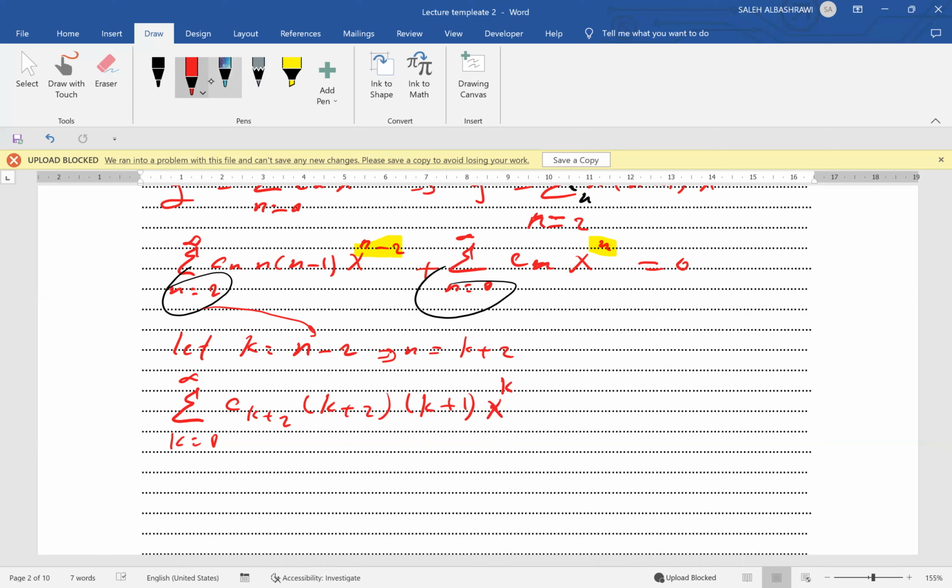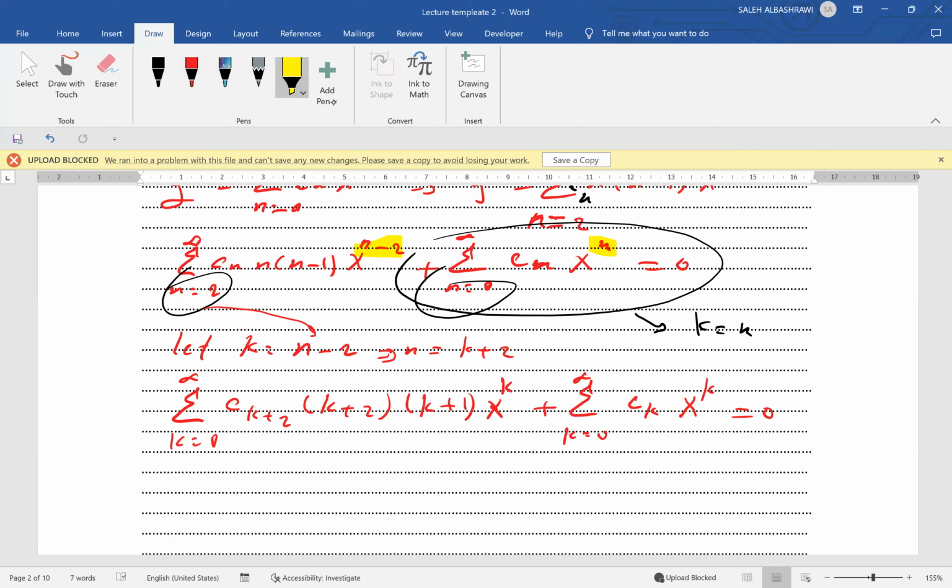For the second one, we'll let k equal to n. No need to change anything for that one. So we'll have sigma k start from 0 to infinity, c k x to power k equal to 0.